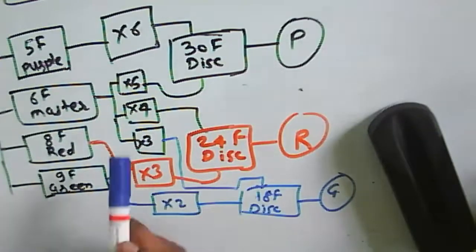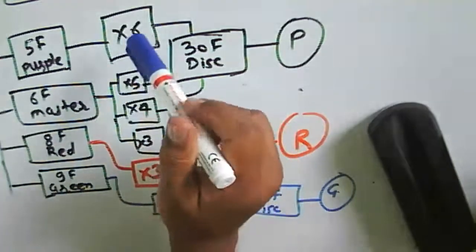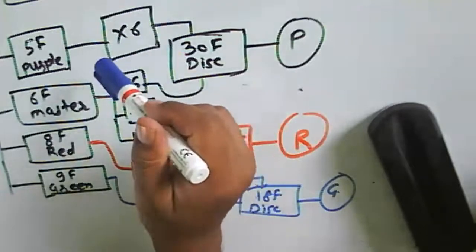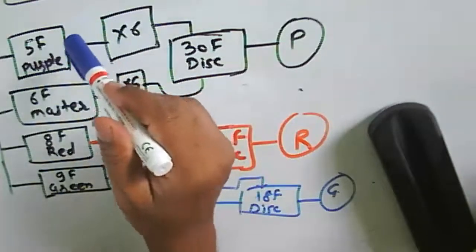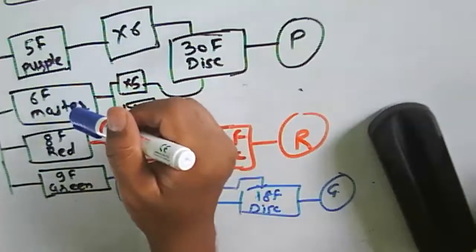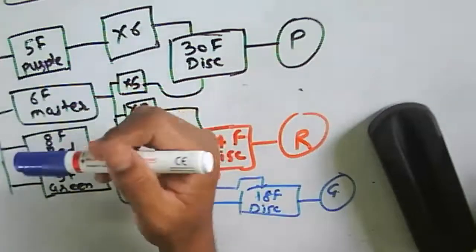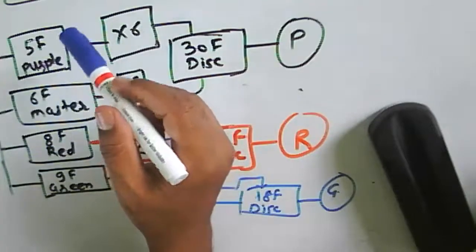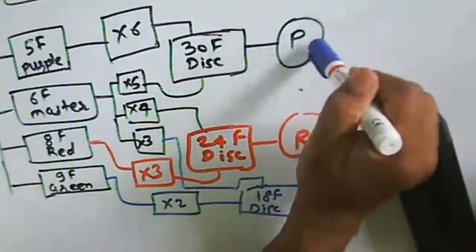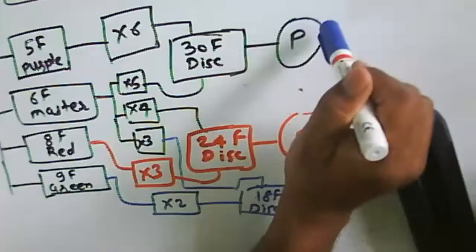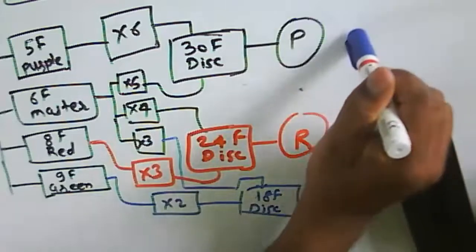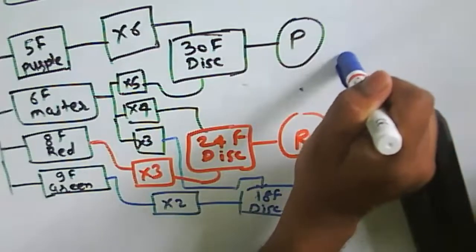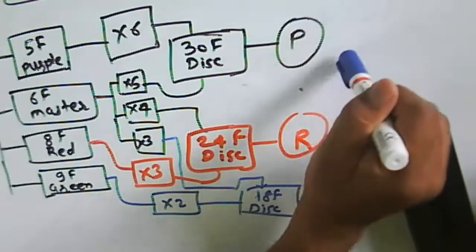They have different frequencies for red, green, purple as well as the master, and they measure the phase differences, which are displayed on the decometer. So purple, red, green are nothing but phase meters, and they find the differences.